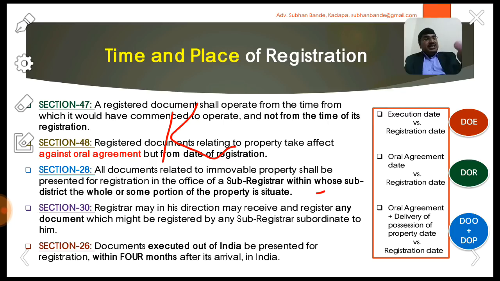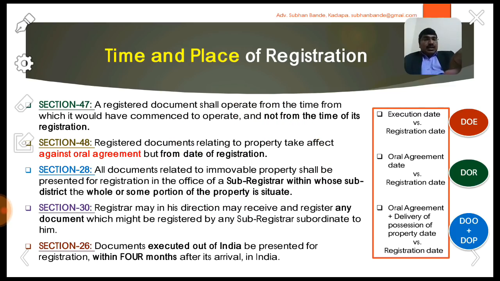If the property is situated within Kadapa and Kurnool or Kadapa and Anantapur, under such circumstances, the documents related to immovable property shall be presented for registration either in Kadapa or in Anantapur. This is the rule.